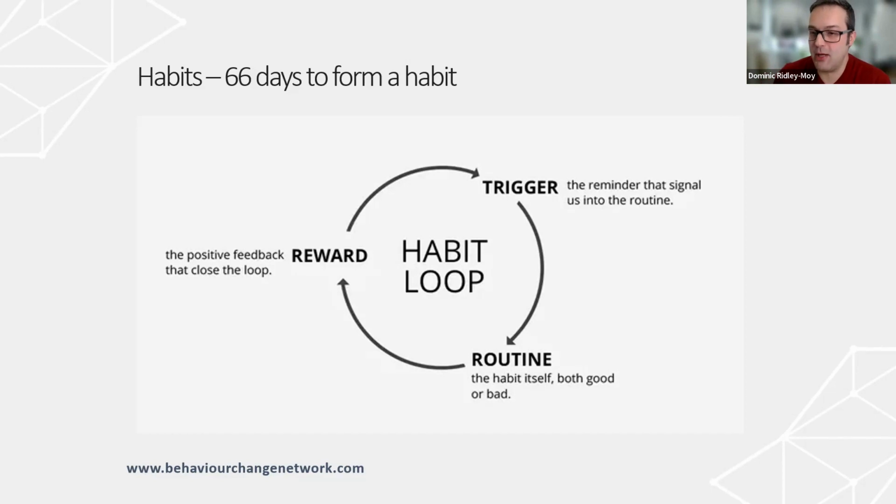And then eventually a habit is born. And what happens when a habit emerges is that your brain basically stops fully participating in decision making. So it's an automatic process, and that's why habits are really, really difficult to overcome.